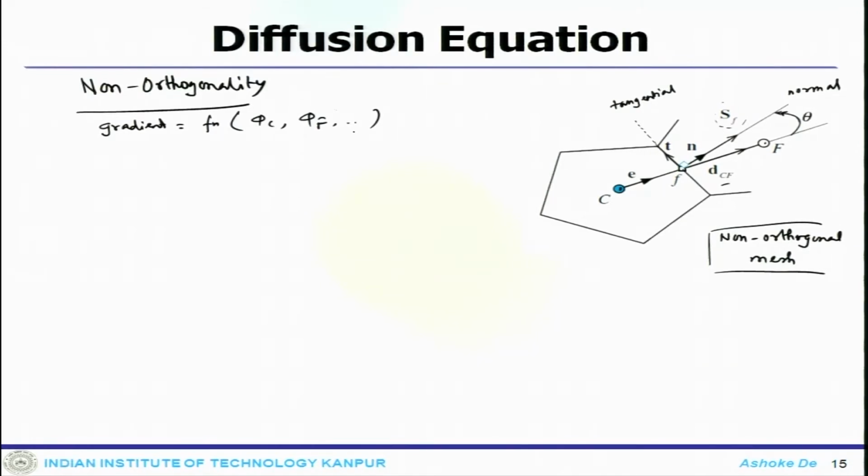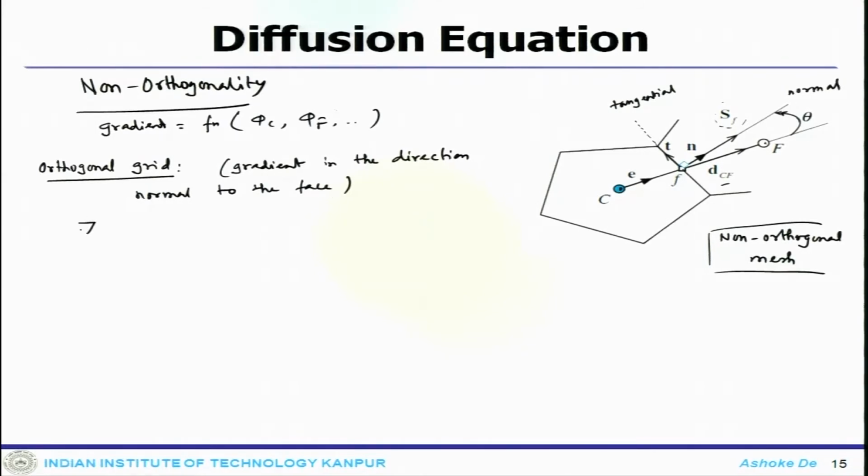So, now one has to write the exact expression for these connecting centers and for element C. For the orthogonal grid, if you just recall what we have obtained: the gradient in the direction normal to the face.